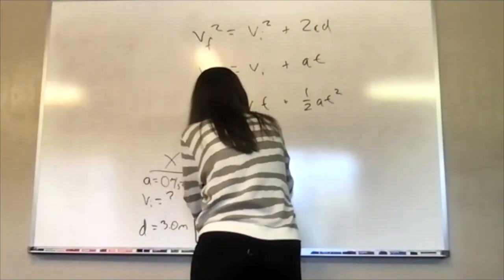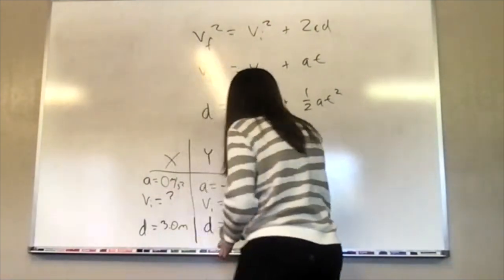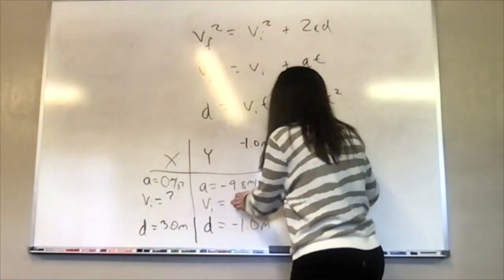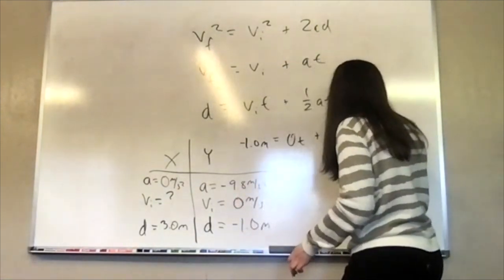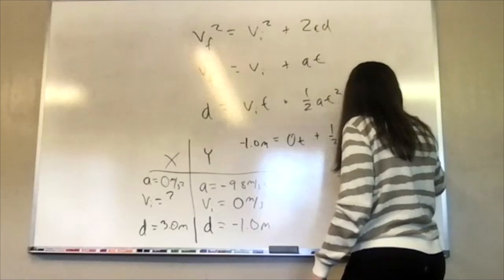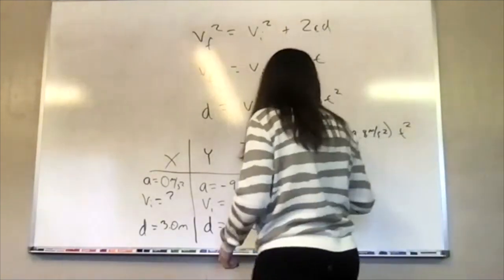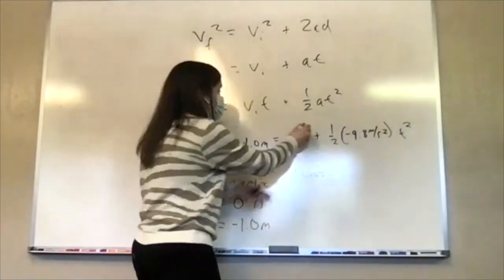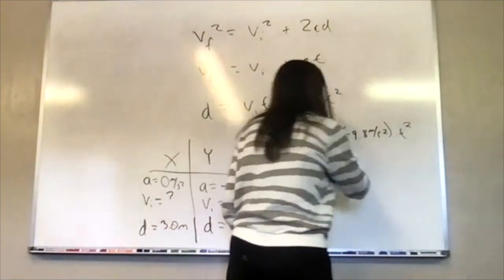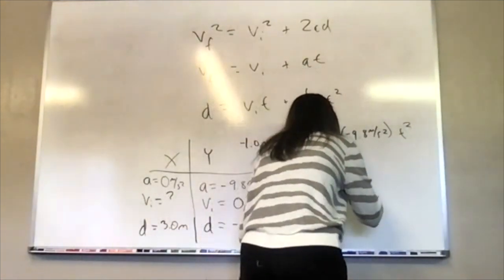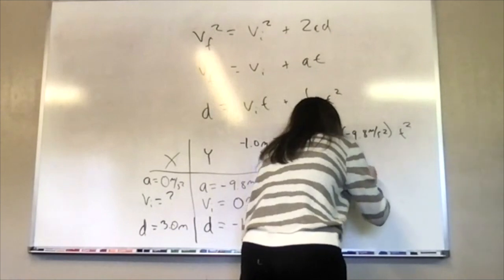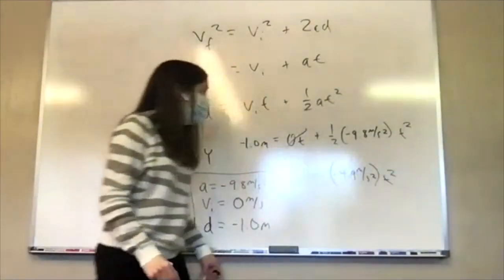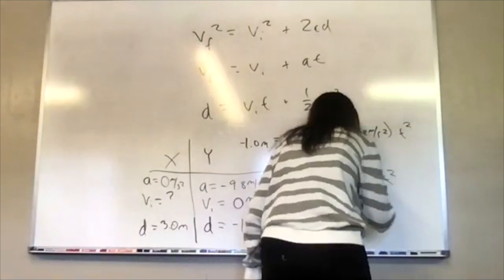So we have -1 meter equals 0 times t plus 1/2 times -9.8 times t squared. That just goes away, it's just 0. 1/2 times 9.8 gives you 4.9. Divide both sides by 4.9.